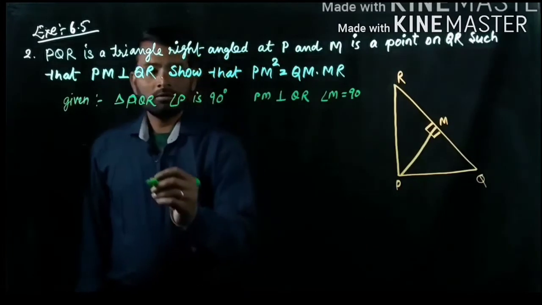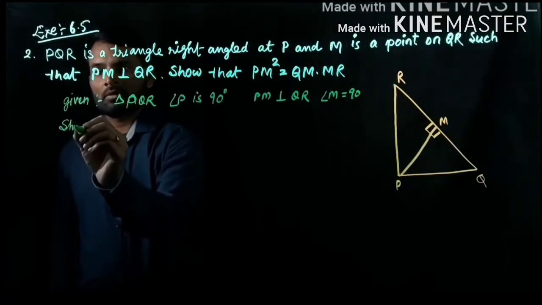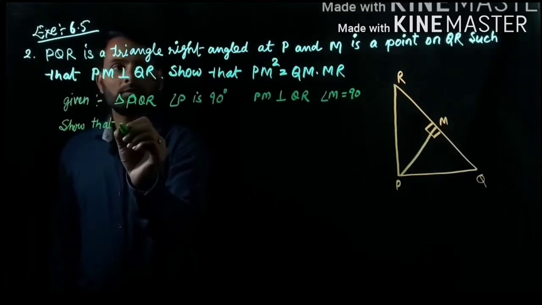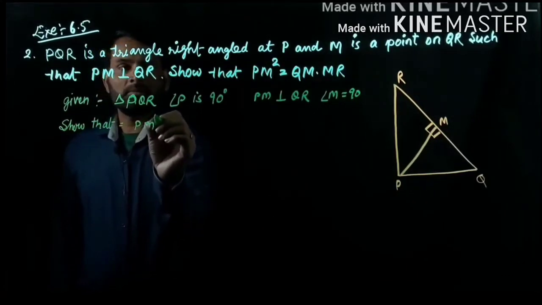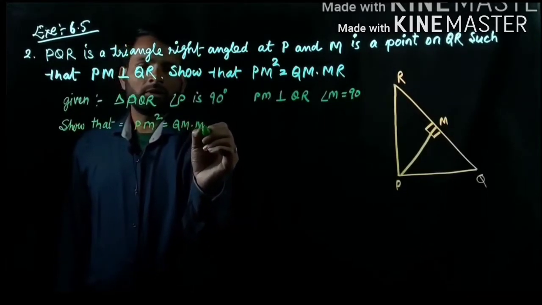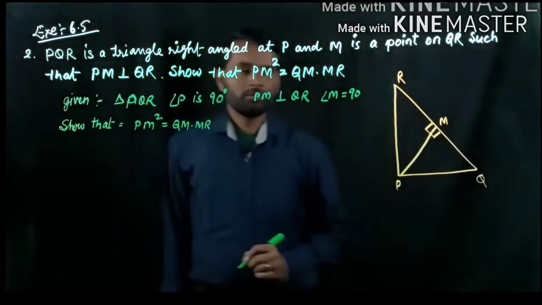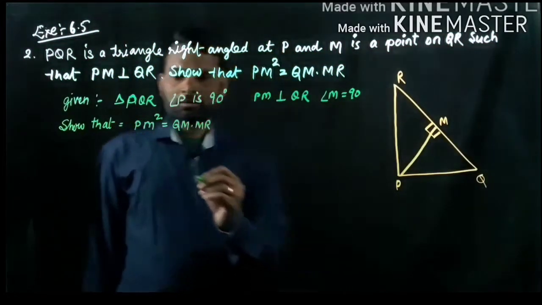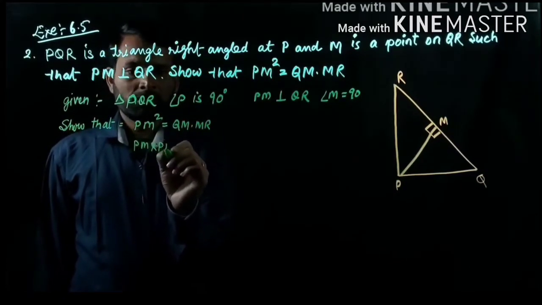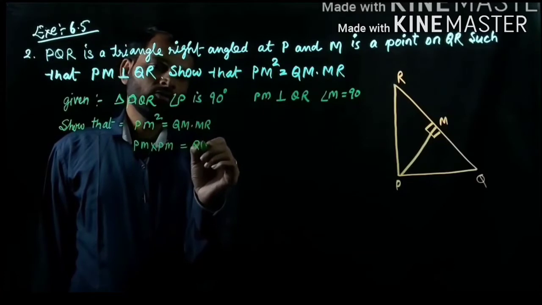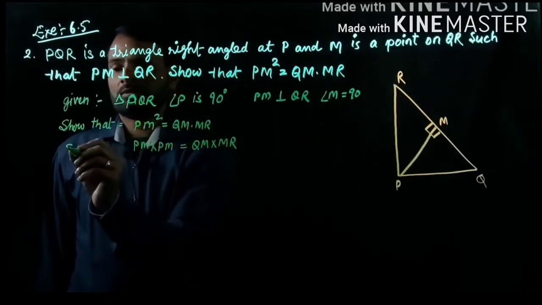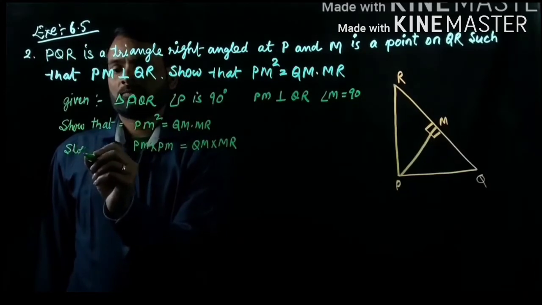And you have to show that PM square is equal to QM into MR. It means PM square is PM multiplied by PM, and QM multiplied by MR. This is the start of the solution.